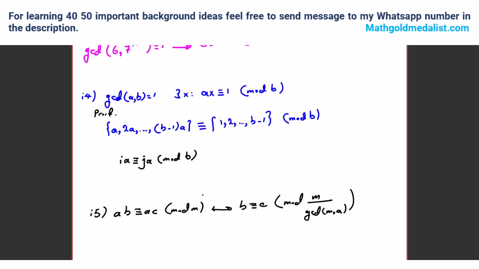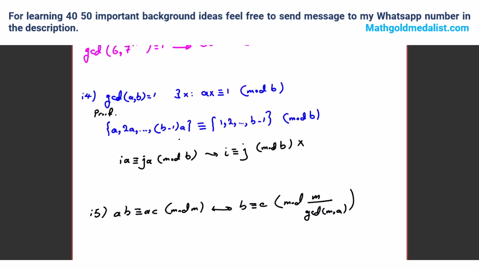And we can prove it. If you want to know the proof, again, you can send a message to my WhatsApp number. By this approach, you can say, okay, we can divide both sides by a, but GCD of b and a is 1, so mod b. But we know these coefficients are 1 to b minus 1, so they cannot be congruent mod b. So they are different, and none of them is 0 mod b, because we know a and b are relatively prime, and 1 to b minus 1 are non-multiples of b.